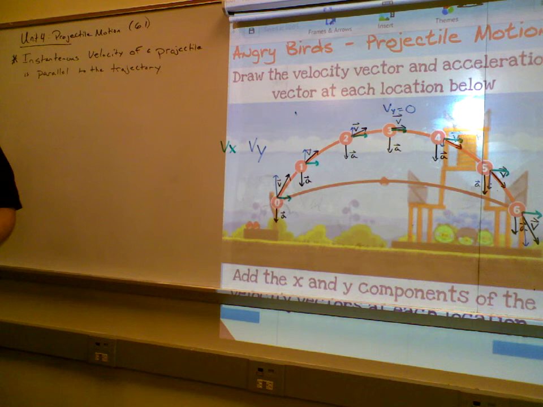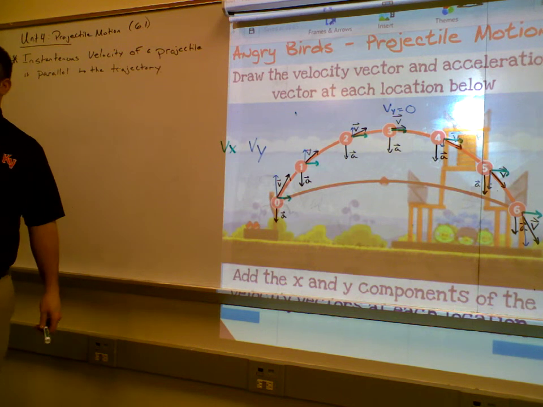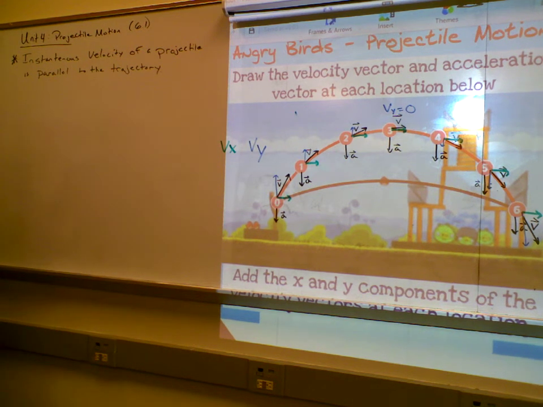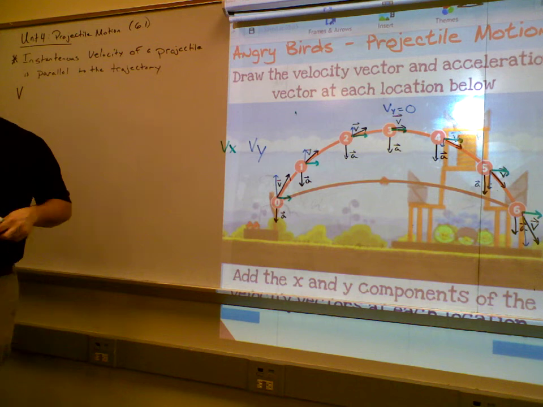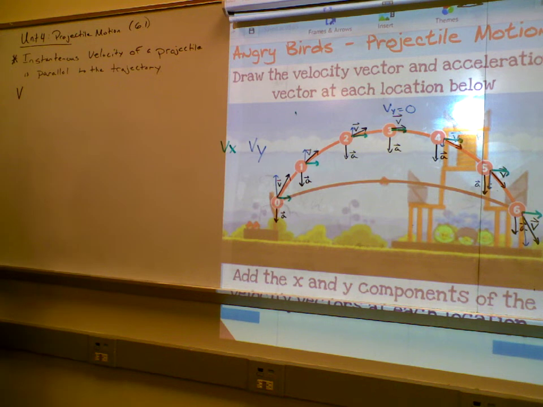Now, I asked you guys to consider magnitudes of velocities. So just for the combined velocity, the black velocity vectors, which one has the largest magnitude?